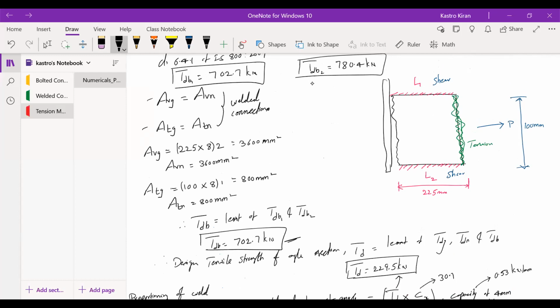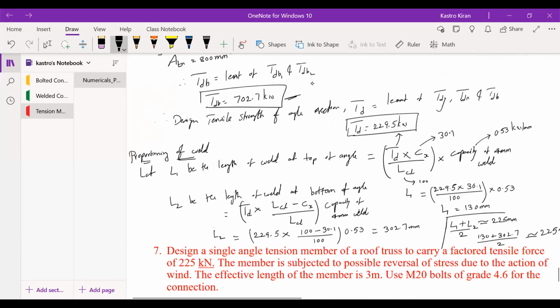The third is that when the average length of weld is provided, this is how you should calculate the length of weld at top, L1, and the length of weld at bottom, L2. That's the simple concept involved in this problem.